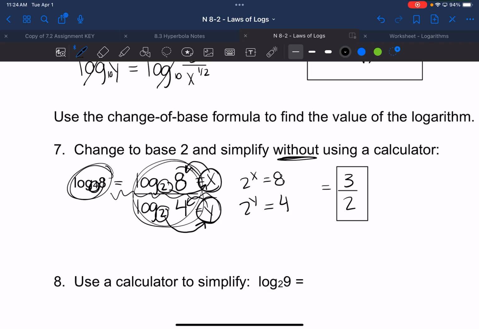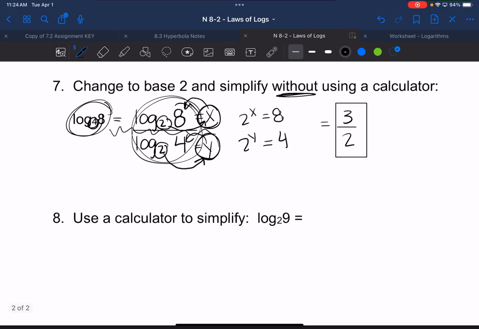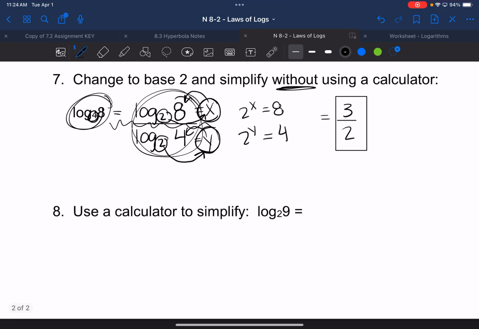All right. Okay. Number 10 says for this one, it's not going to work out so nice and neat that we would get that 3 over 2. So it says we can use a calculator on this one. But we are going to use the change of base formula first. All right. It does not say what to change the base to, but if I'm putting it in the calculator, I probably want the base to be what? 10, right?